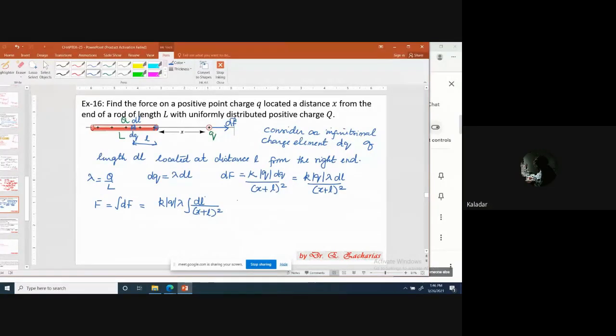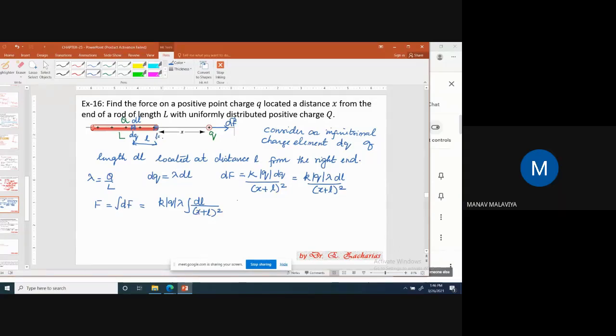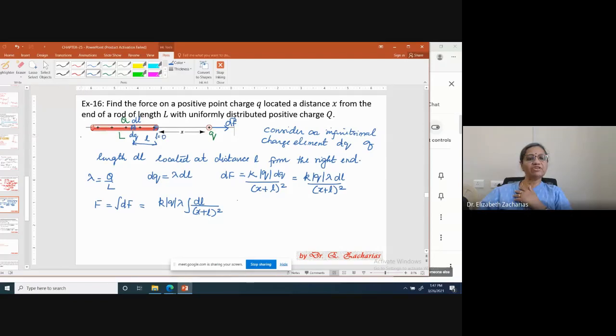Small l. Small l is the variable. If I take an element here, what is l? Here, l will be equal to 0. If I take an element here, l will be equal to capital L. Very good. So now put it here, 0 to capital L. Now do it.